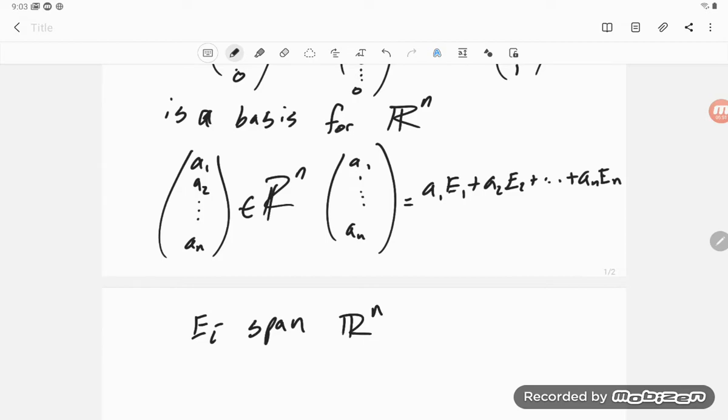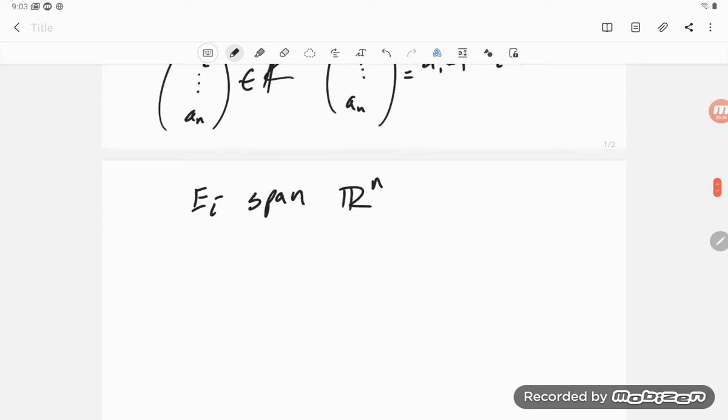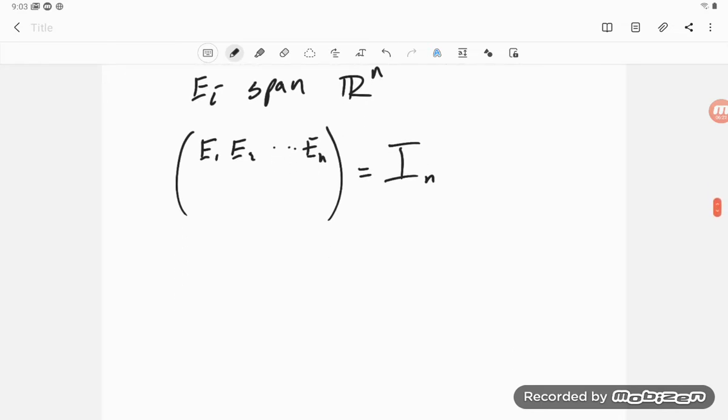Rn. And then, well, it's pretty obvious they're linearly independent since if we take the matrix E1, E2, all the way to En, this is equal to the N by N identity, and therefore we know that those are linearly independent columns.